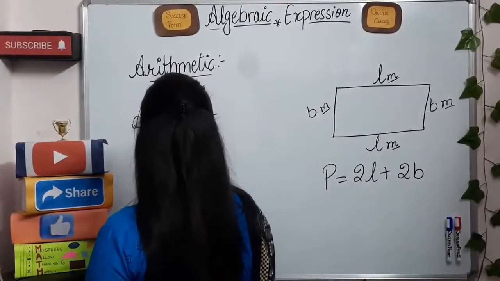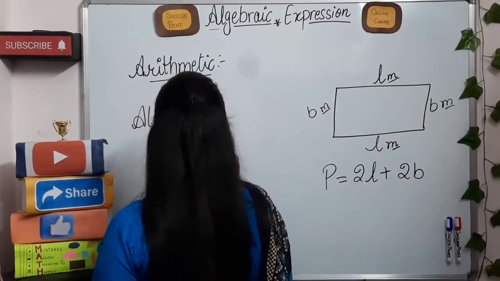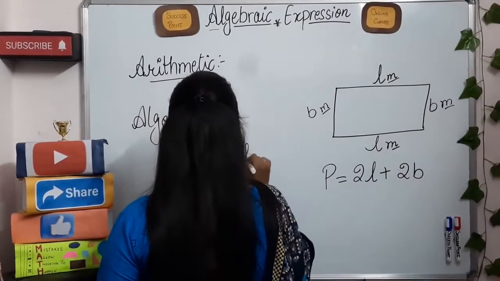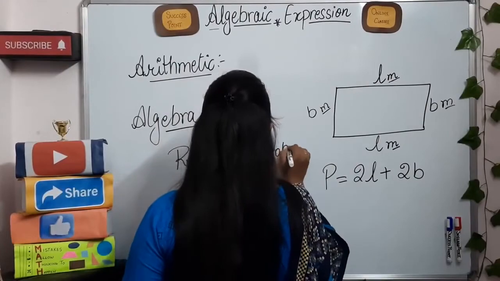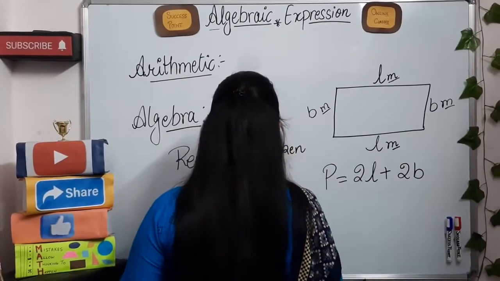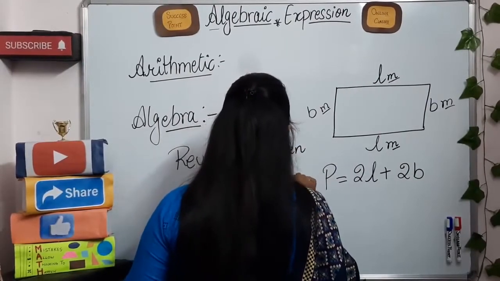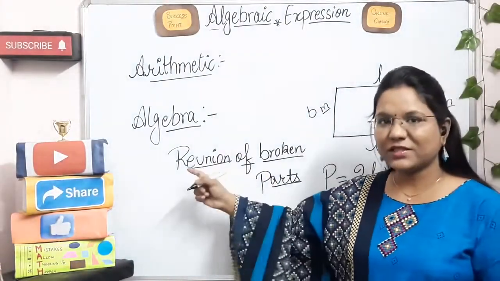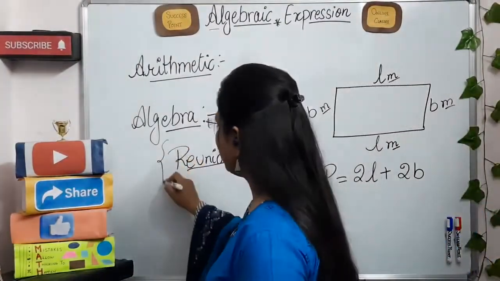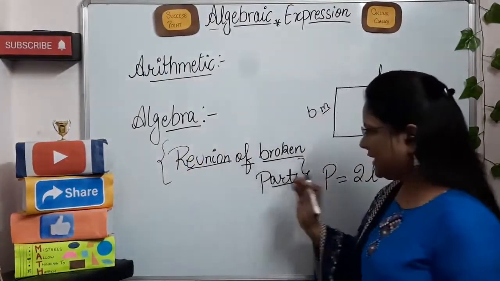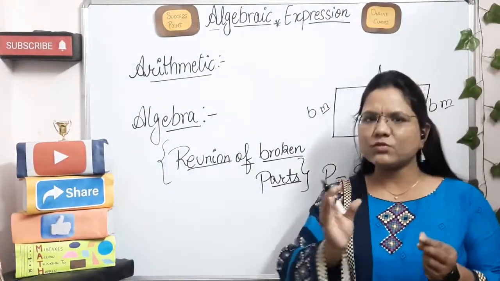Now let's understand what our next term is. Algebra means reunion of broken parts. What does it mean? Broken parts means we have small parts.